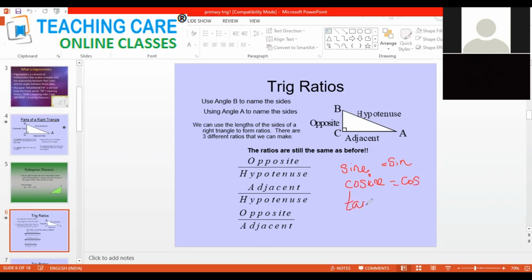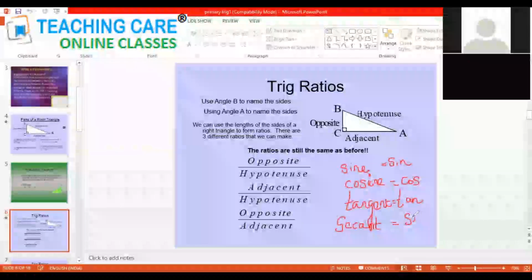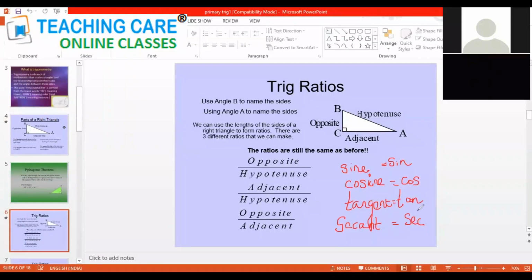Tangent, the full form is tangent, and you will just write it as tan. Then you have secant, that you will write as SEC, because every time we cannot write it fully, so we take a portion of it.